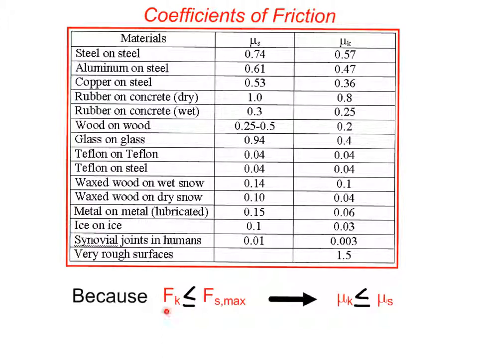Because the force of kinetic friction is generally less than or perhaps equal to the maximum static friction force that would be applied, the coefficient of kinetic friction is going to be less than or equal to the coefficient of static friction. So you can see here that the coefficient of kinetic friction is generally lower than the coefficient of static friction for these different surfaces.